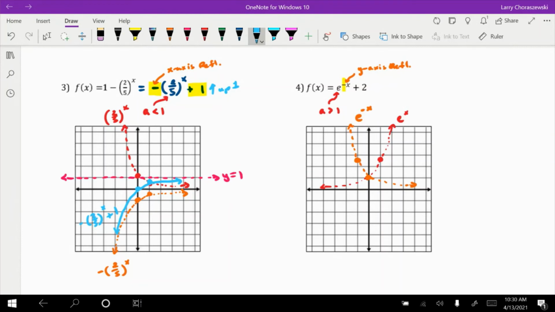And then we have plus 2 at the tail end. So that's a vertical shift up 2 units. So I'll take 0, 1, shift that up by 2 units, and then I'll take the second point, move that up by 2 units as well. And in addition to that, the horizontal asymptote will move up by 2 units.